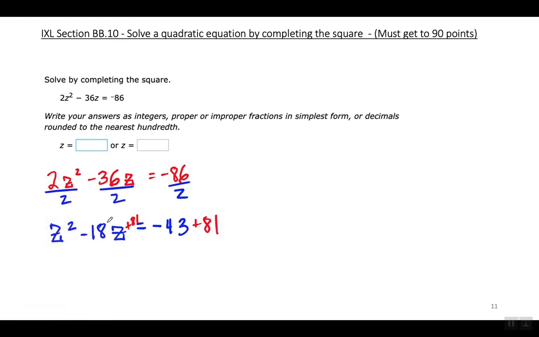Okay, so now when I factor the left side of the equation, I'm going to get z minus 9 to the second power equals, and on the right hand side, when I do negative 43 plus 81, I'm going to get 38. Alright, so now get the square root of both sides.